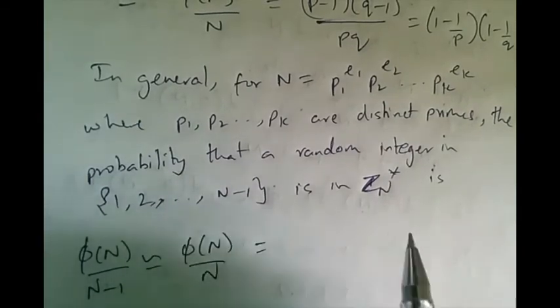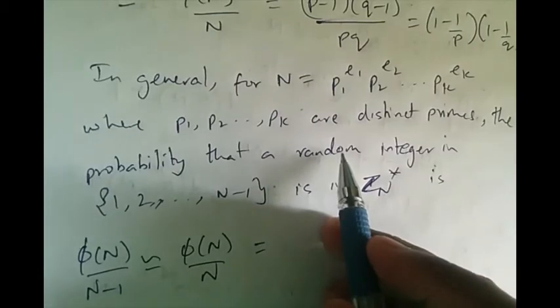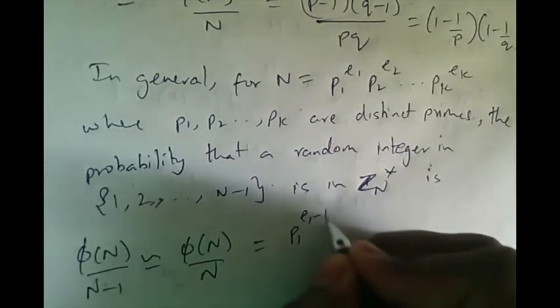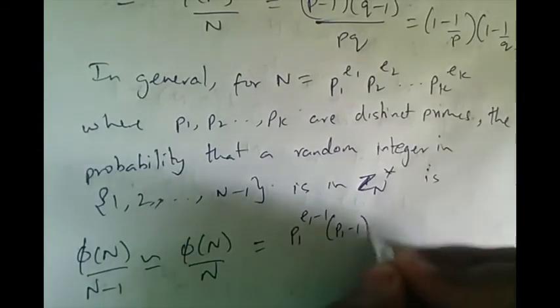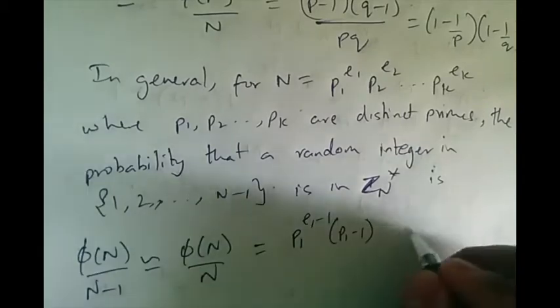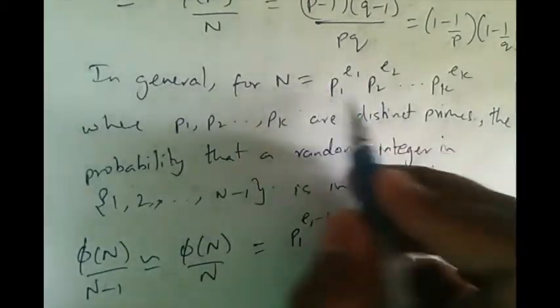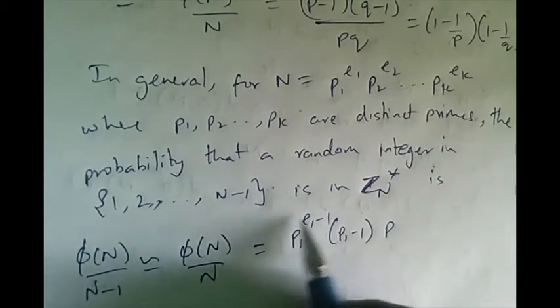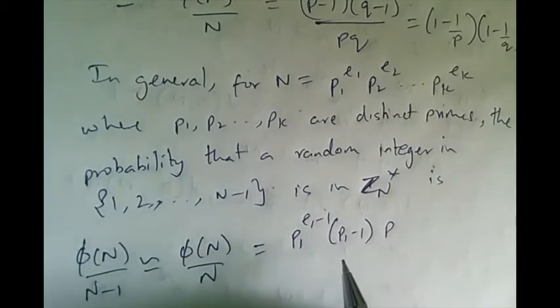And phi of n for a product of prime powers like this is going to be p1 raised to e1 minus 1 into p1 minus 1. You can check this because if you have a prime power, the size of Zn star is going to be this. I think we proved this in a previous lecture.